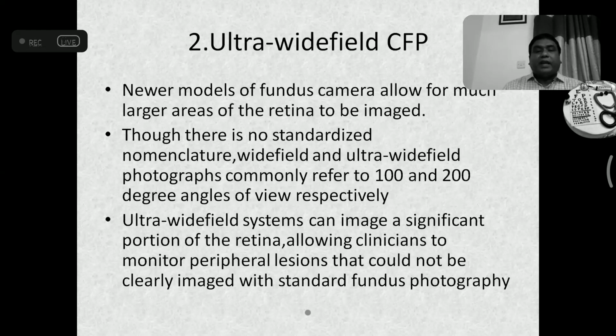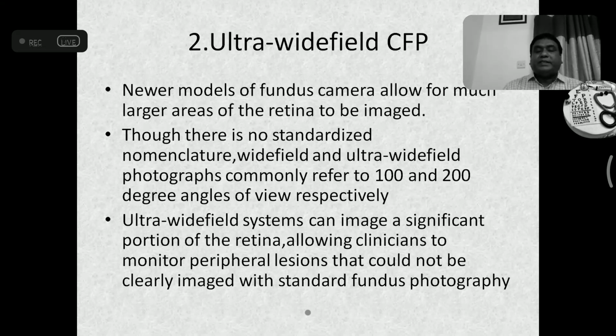Ultra wide field color fundus photography. These newer models of fundus camera allow larger areas of the retina to be imaged. Though there is no standardized nomenclature, wide field and ultra wide field photographs commonly refer to 100 and 200 degree angles of view respectively.